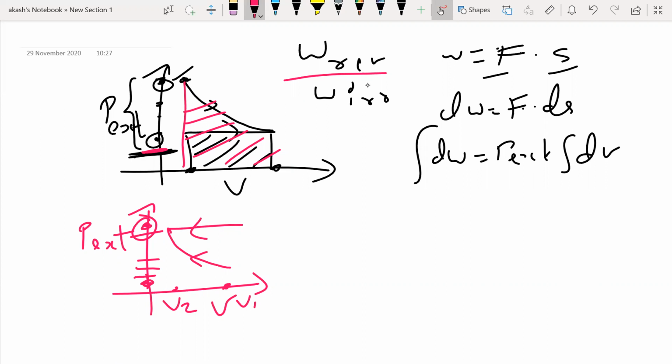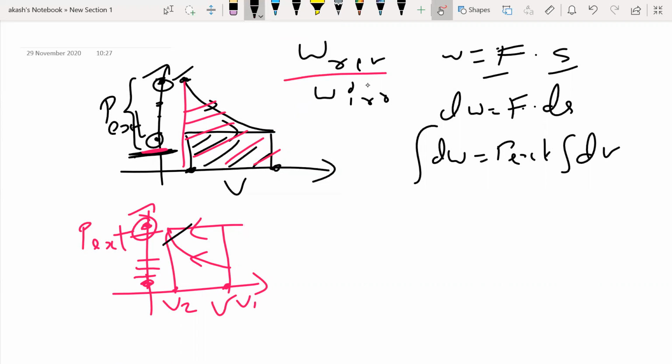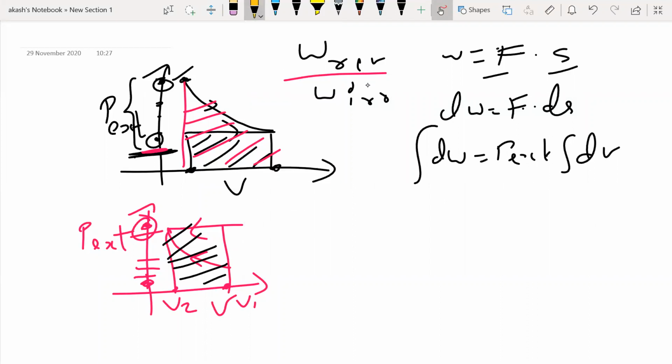Now if you look at which is going to have higher work done, I think from the graph you'll be able to understand. So let me maybe make it black again. This entire area would be for the irreversible case, and for the reversible case, it will only be this area.